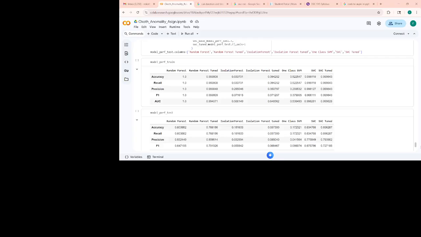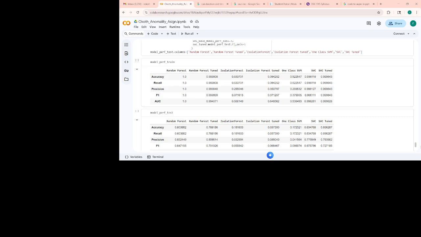So we built 7 models. The first being random forest, supervised, and then we tuned the random forest to come up with a tuned model.